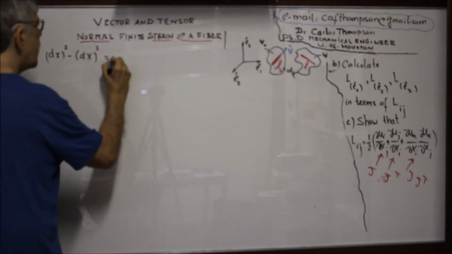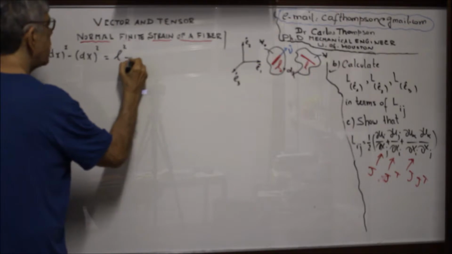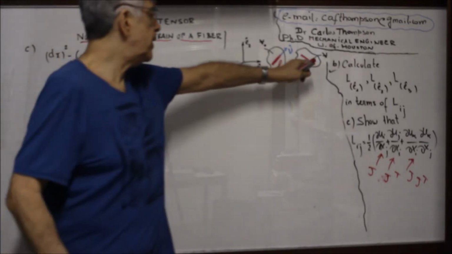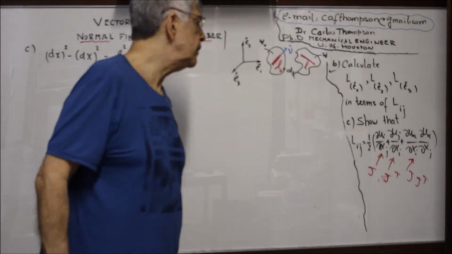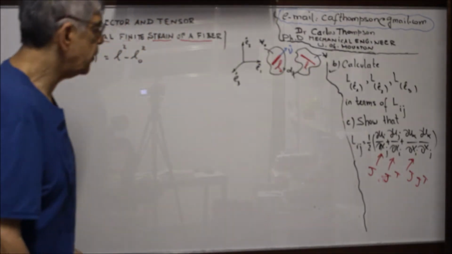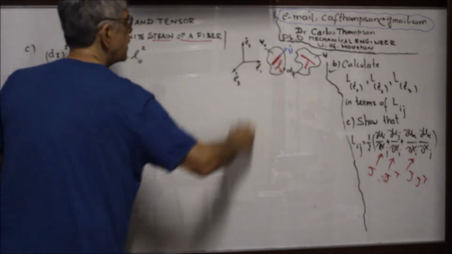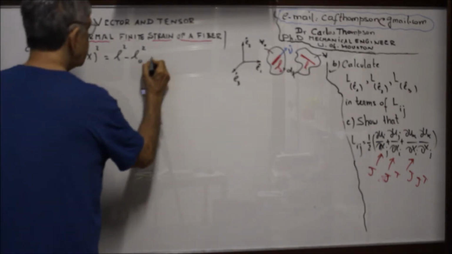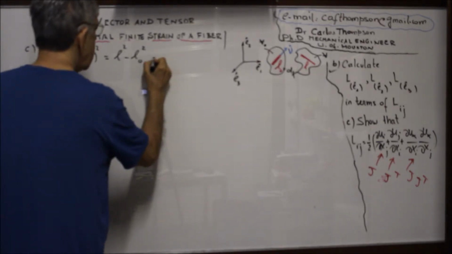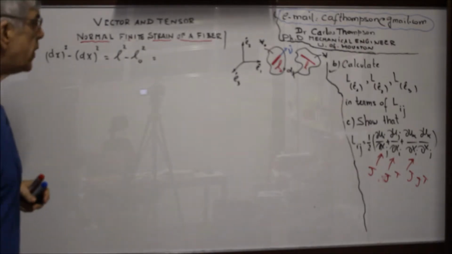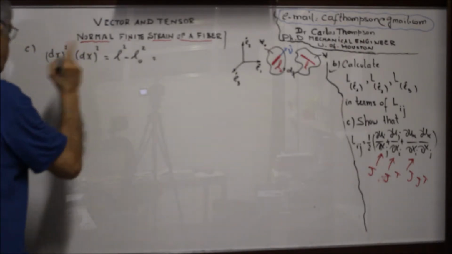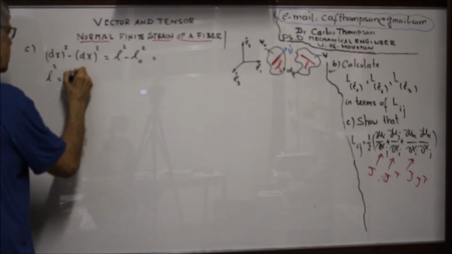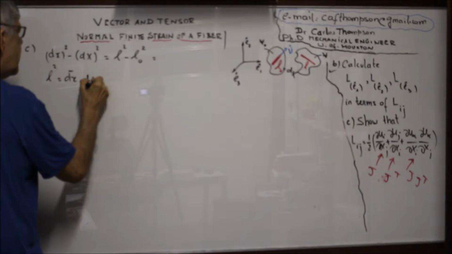Don't forget, this is L square minus L0 square. You see, L is the length in the deformed configuration, and L0 is the length in the undeformed configuration. Now L square, we already did this. Don't forget that L square is dx dot dx.